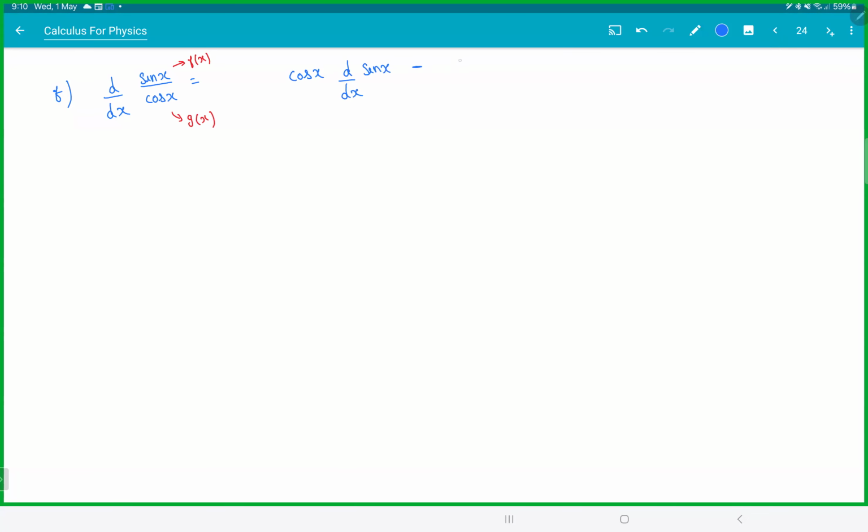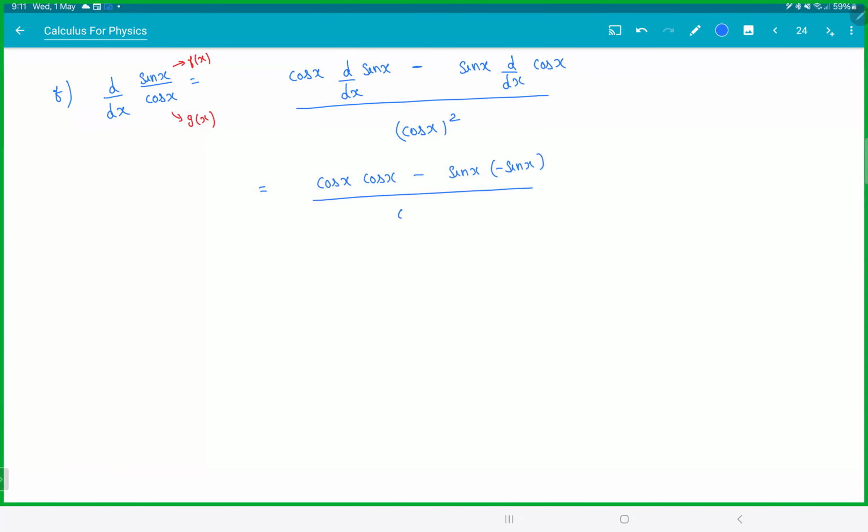Minus, then the square of the denominator. The differential of sine is cos. The differential of cos is minus sine. That is cos square x plus sine square x, that is 1 by cos square x. That is secant square x. You can actually mug up this result. The differential of tan x is secant square x.